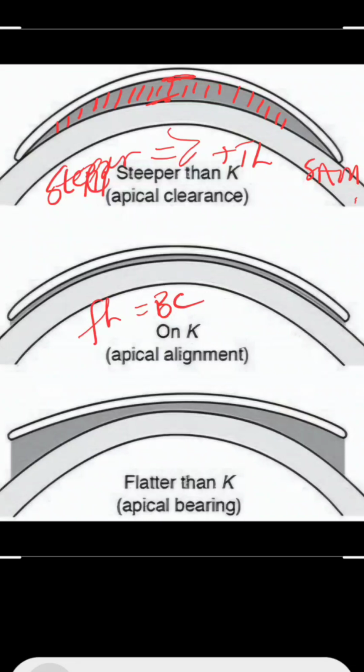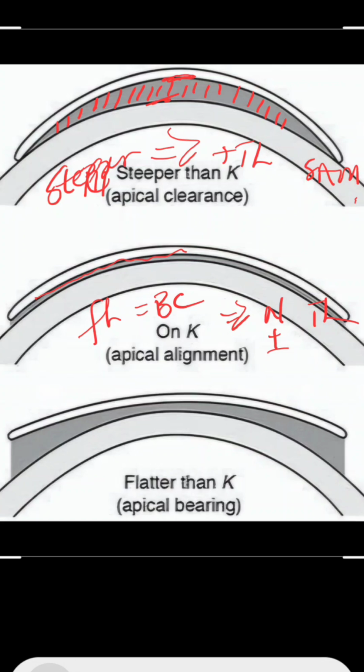In the contact lens question I solved, we saw where the flatter meridian is equal to the base curve. They have the same value. So we always say that the fit is on K. So in that case, you have a neutral tear lens, neither positive nor negative. So you have a perfect fit. The fit is on K.